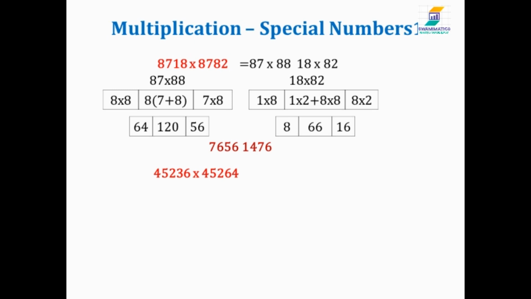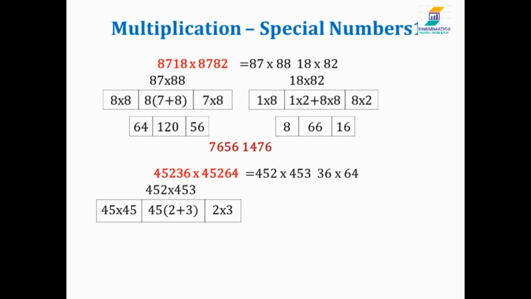What about your 5-digit number? 36 plus 64 is 100, so we can apply the same logic. 452 into 453 and 36 into 64. 452 into 453, right? Even though it's a 3-digit number, I use the logic of a 2-digit number. That means if I consider the number as AB, where A is 45 and B is 2, the first one is 45 square, 45 into 45.